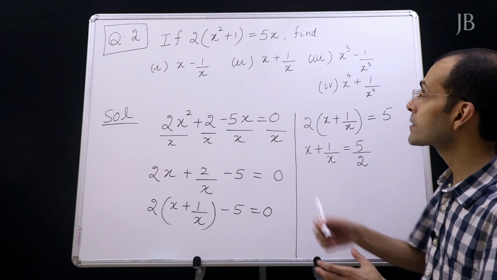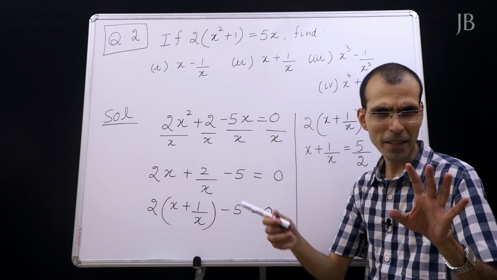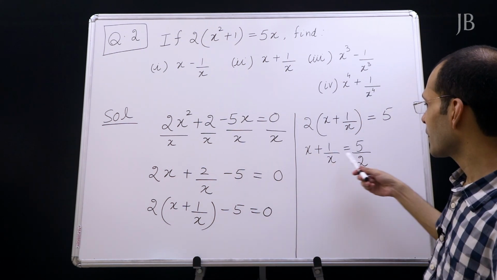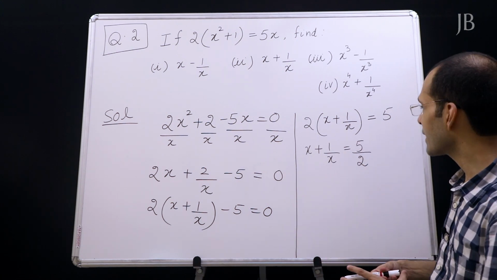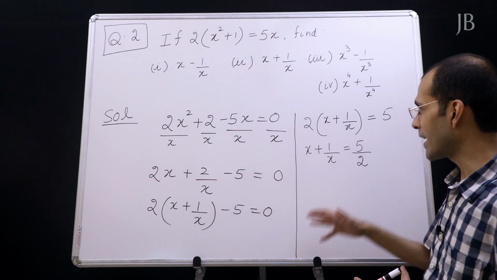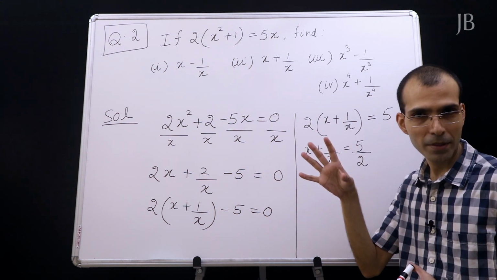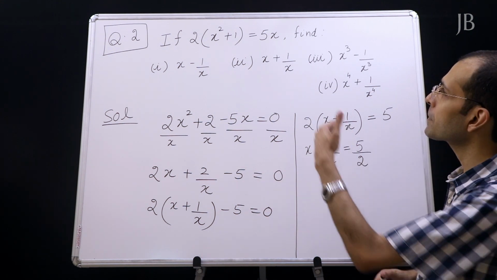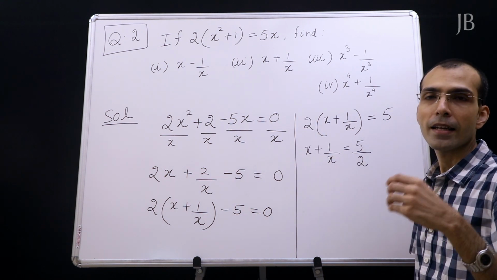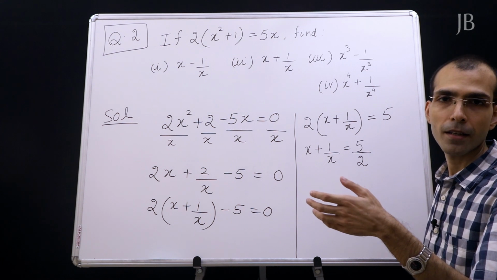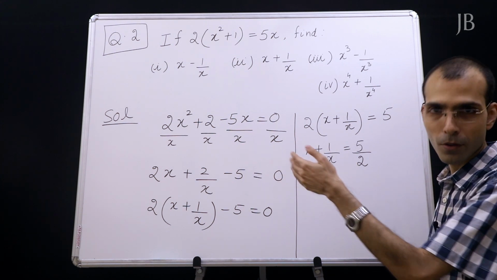But they have asked here x minus 1 upon x. So that is not difficult. Once you get the sum in this standard form, x plus 1 upon x, then it is easy. So this much work we had to do. It's a typical problem. Keep this trick in mind. This sum can come in a diluted form. How? A square minus 5a plus 1 equaling 0.